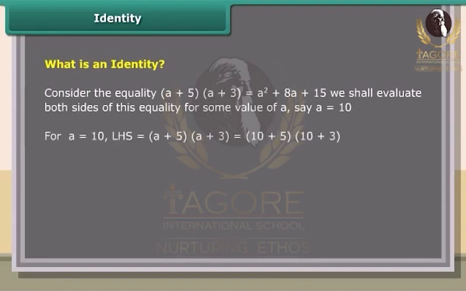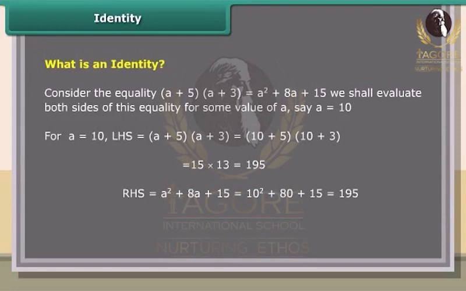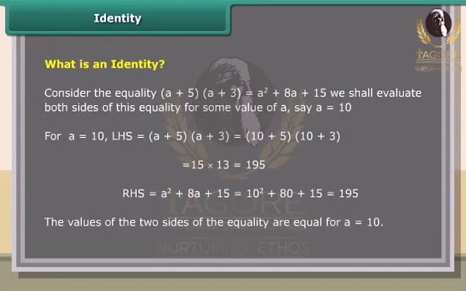For a equal to 10, LHS is equal to (a plus 5) into (a plus 3) is equal to (10 plus 5) into (10 plus 3), which equals 15 into 13, which is equal to 195. RHS is equal to a square plus 8a plus 15, which equals 10 square plus 80 plus 15 is equal to 195. The values of the two sides of the equality are equal for a equal to 10.